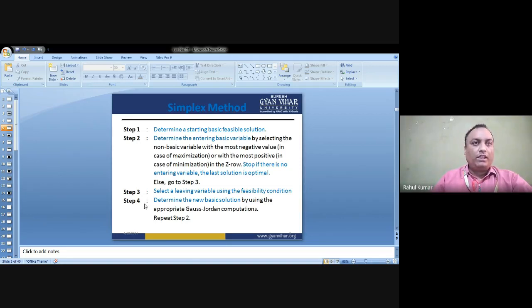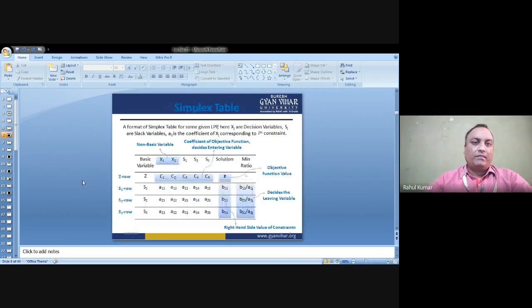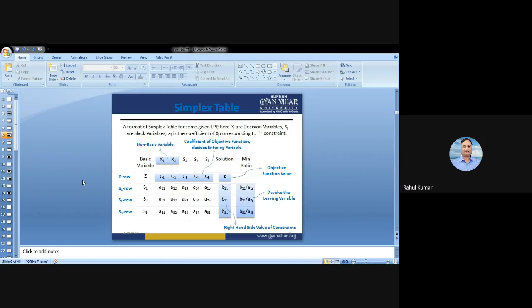And then move to the simplex table. This is the simplex table, a format of the simplex table for a given linear programming problem.